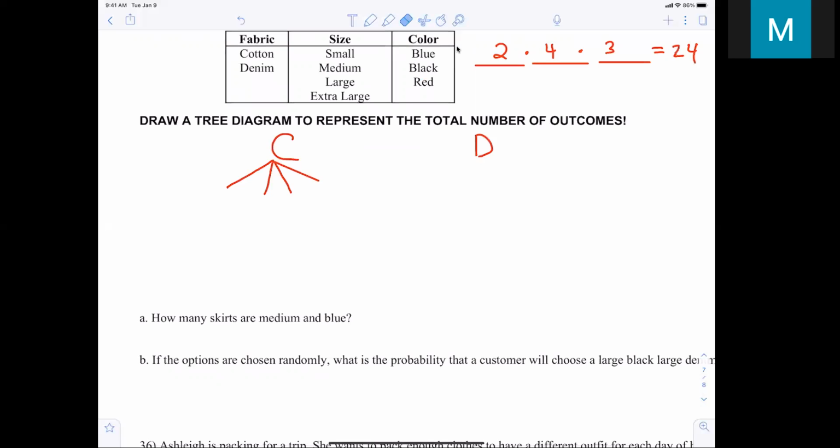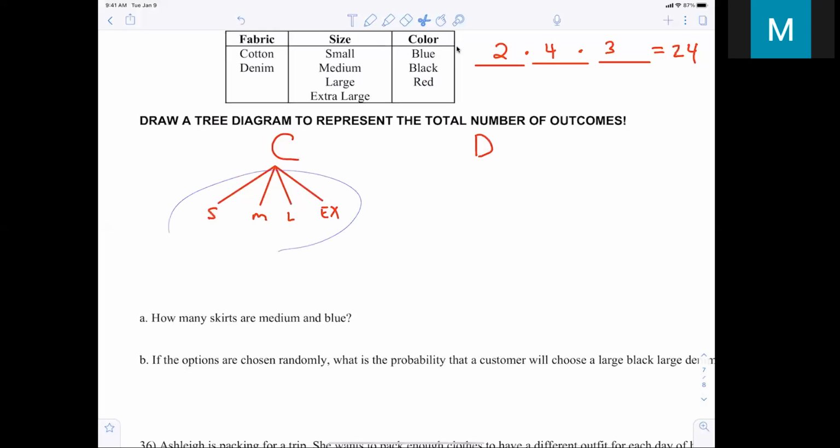Right, because we have to do small, medium, and we have to do large. Small, medium, large, and extra large. All right.